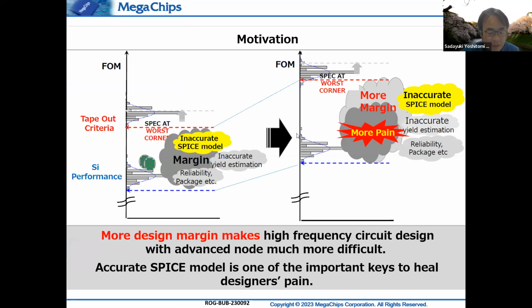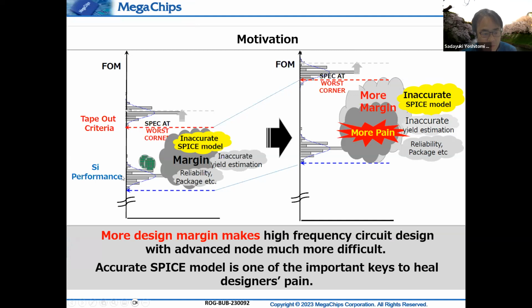This illustration shows a designer's mindset, how to set a design target in an IC design process. As shown in these illustrations, achieving the target specification at the worst corner condition is a requirement for the tape out.